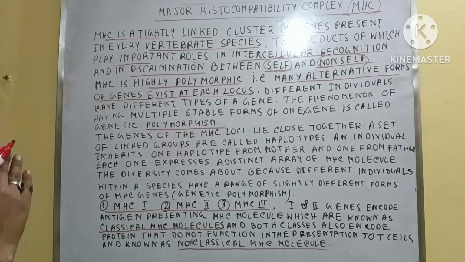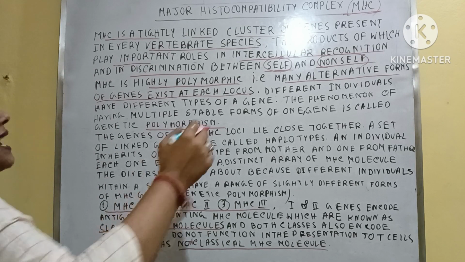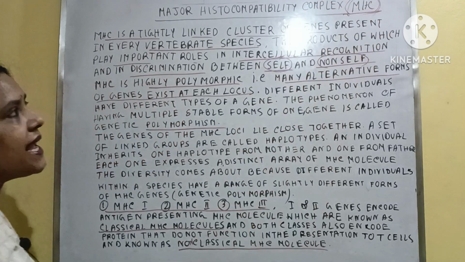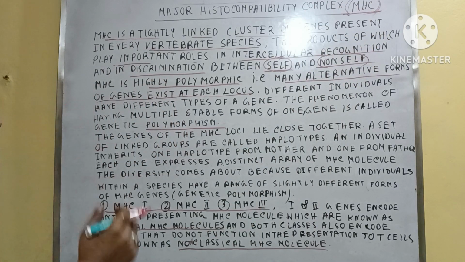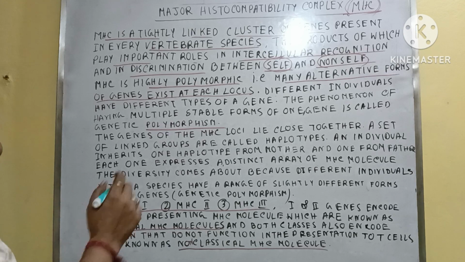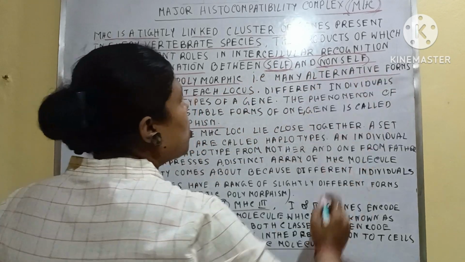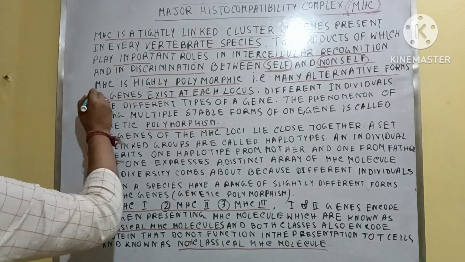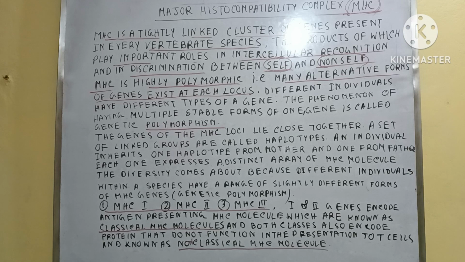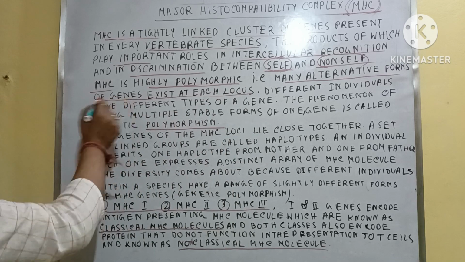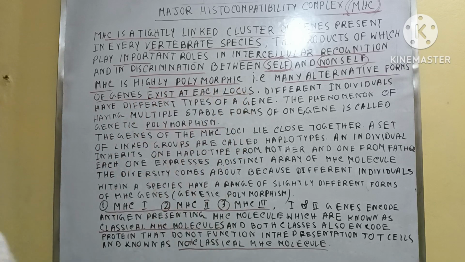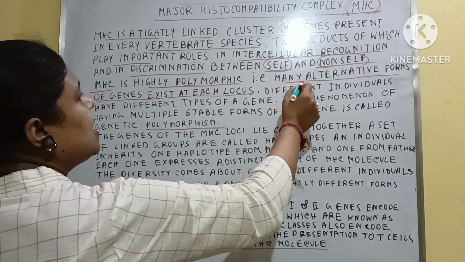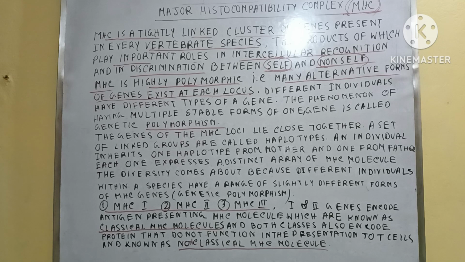So the main thing is the cluster of genes known as the MHC complex, and its products' function is to identify the self and non-self particles in the cell. Clear? MHC is very highly polymorphic. What does polymorphic mean? That means many alternative forms of genes exist at each locus.